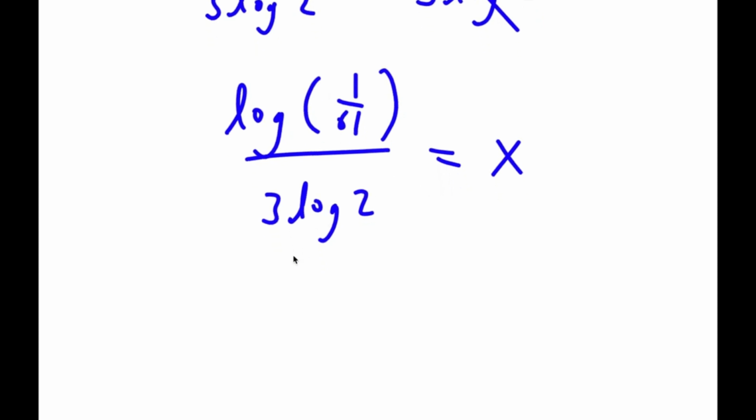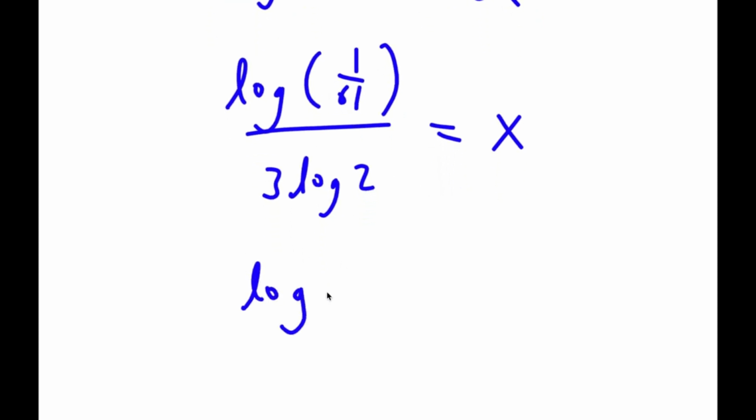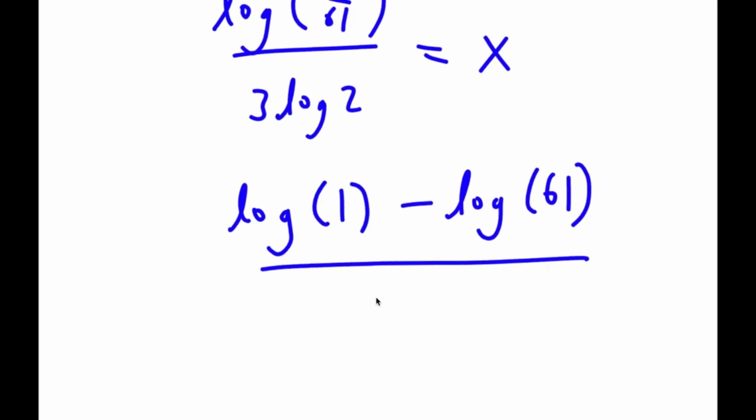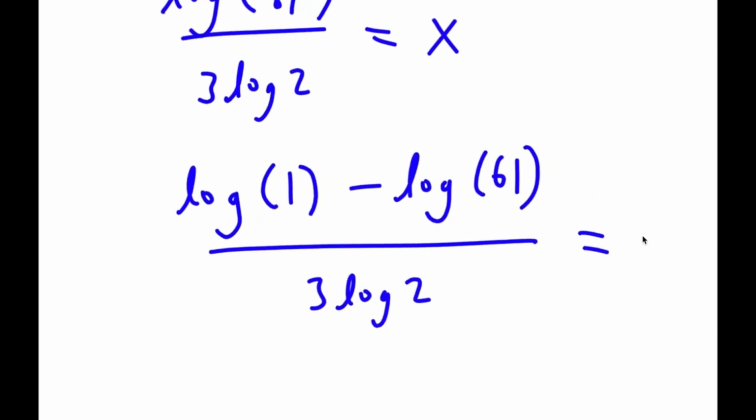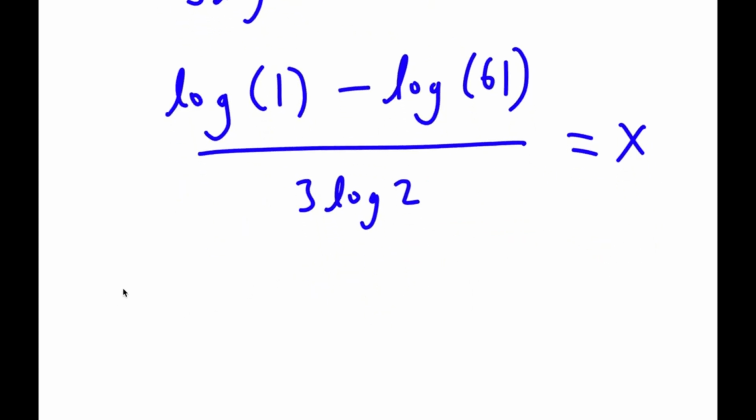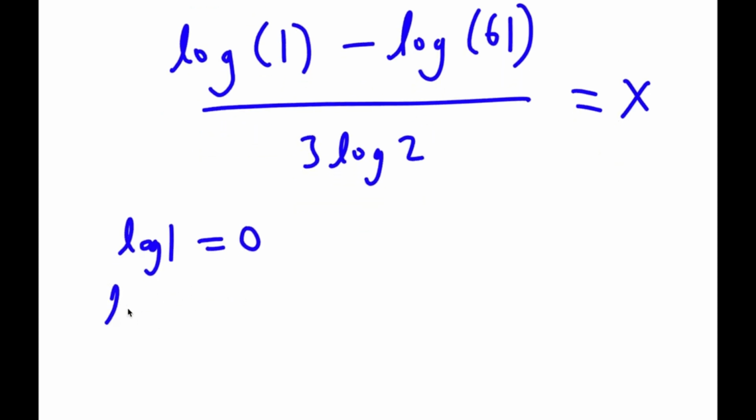Now, log 1 over 61 is the same thing as log 1 minus log 61. Now I have this over 3 times log 2, which is equal to x. Log 1 is equal to 0.